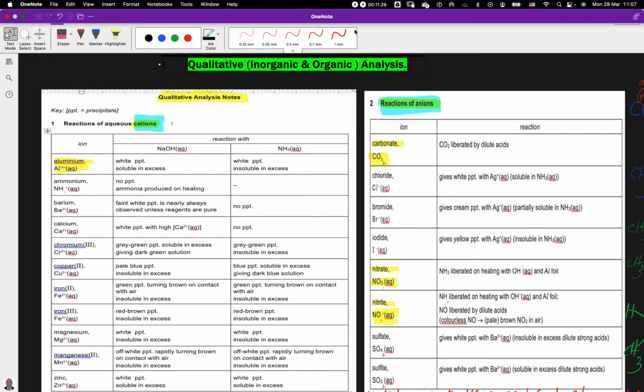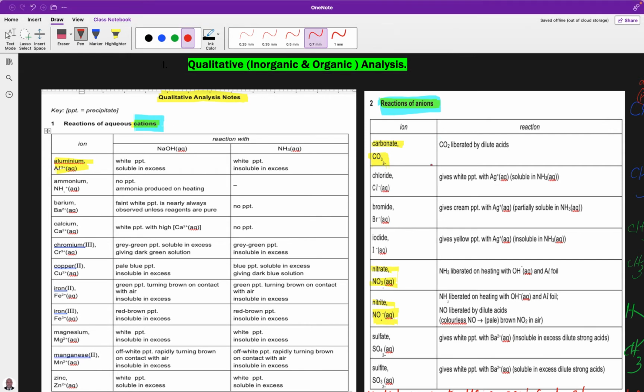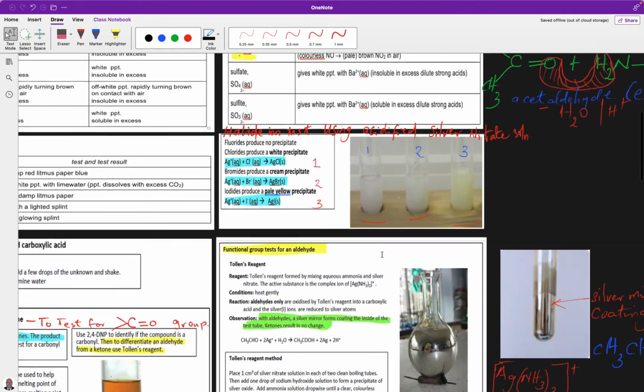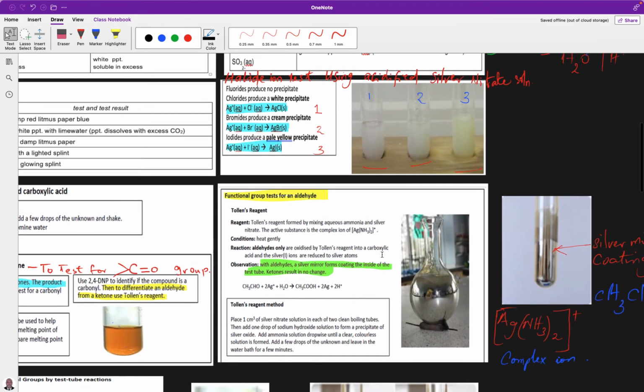Let me put it like this. There are 3 test tubes.